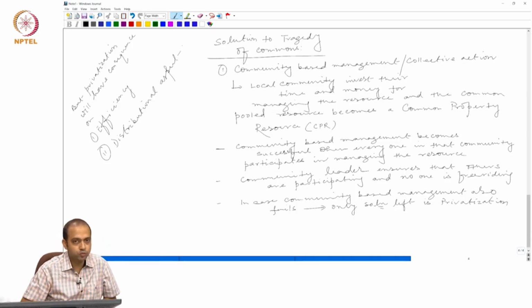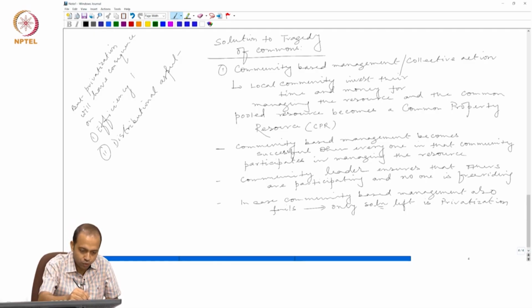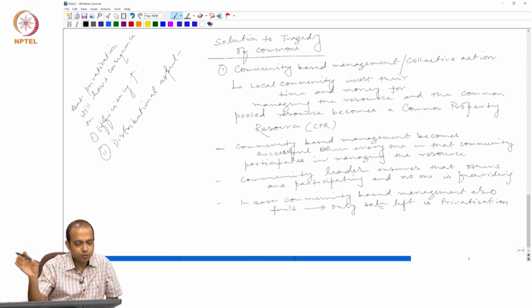Generally, it is assumed that if we privatize the resource, then the efficiency of resource utilization will go up, because that is what we proved. In case of private ownership, the price is actually equal to marginal cost or marginal product, and that is the competitive solution. So, there is no question about the efficiency of this private ownership or privatization.